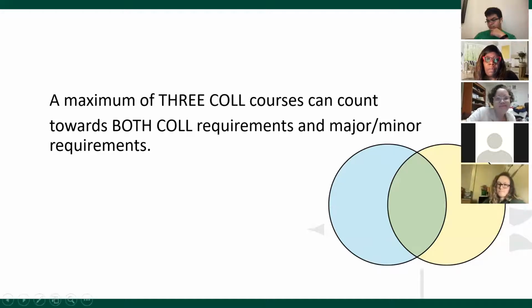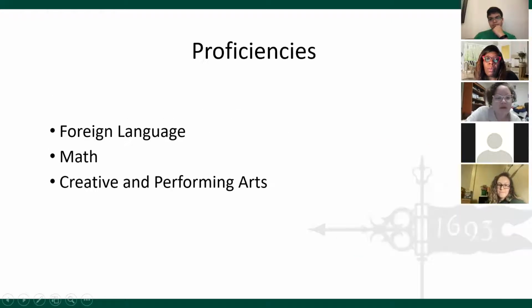Okay, and of course we all know about the proficiencies, right? Foreign language. That's one of the things we tell students, to get that in front of you before you become a junior or senior, and then you're having to stress about getting this requirement done.